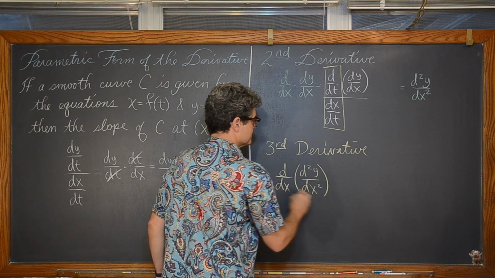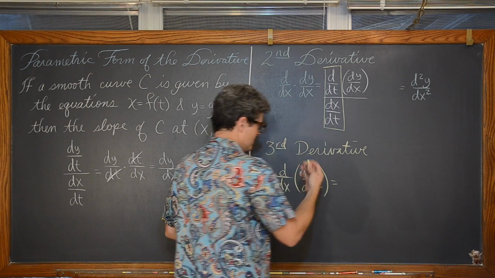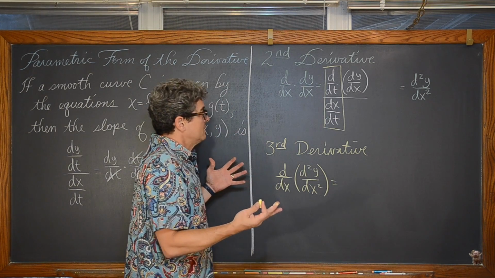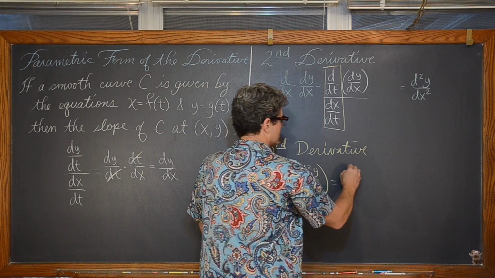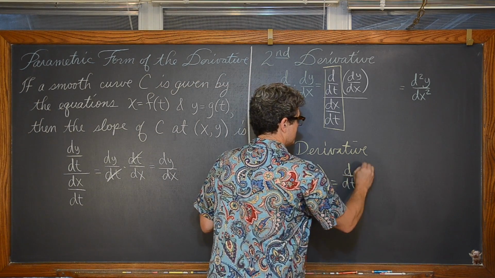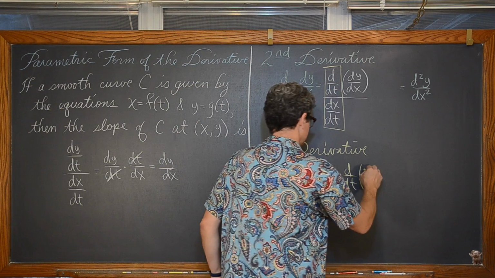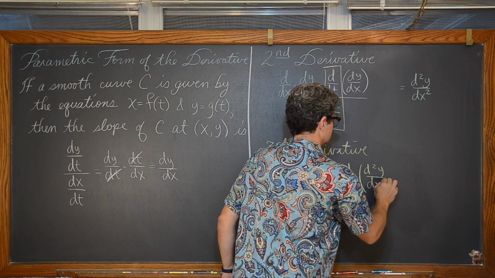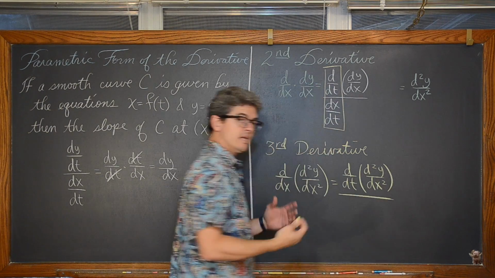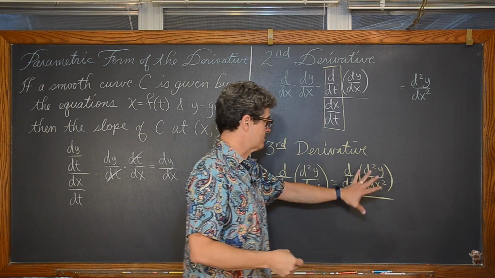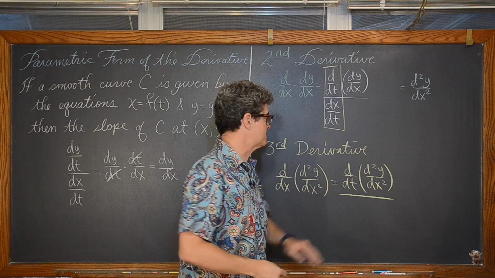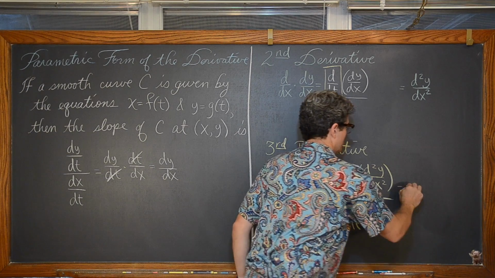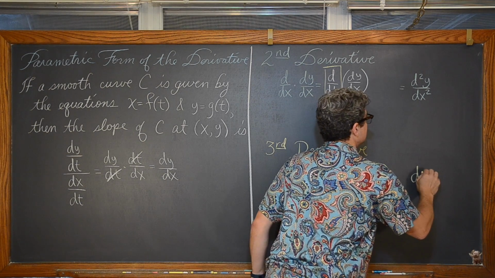We're not finding third derivatives in this video because we're just talking about increase and decrease and concavity. But it would be kind of what you would think. We're going to take the derivative with respect to t of the second derivative, and have again that dx/dt notation, or the derivative of x with respect to t, in our denominator. And that will give us our third derivative.